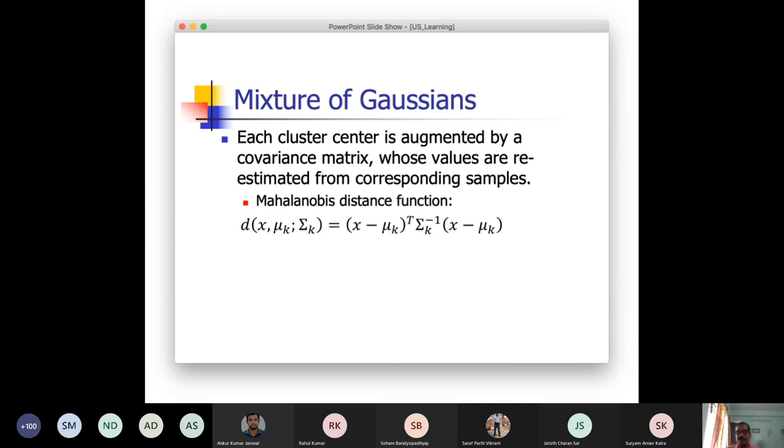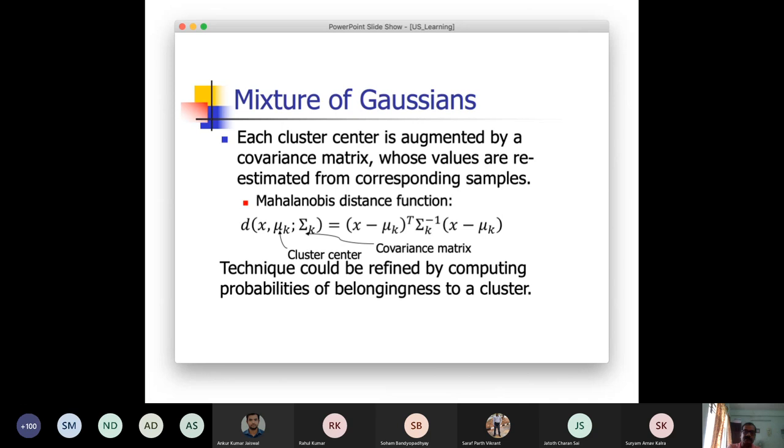This is the definition of the Mahalanobis distance function. You can see that it is normalized using the covariance matrix, so this distance function is usually used. Now, a technique could be defined by computing probabilities of belongingness to a cluster. This is how the density function of a mixture of Gaussians is expressed.